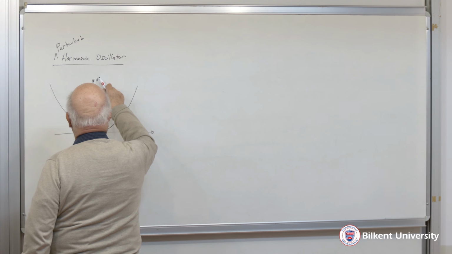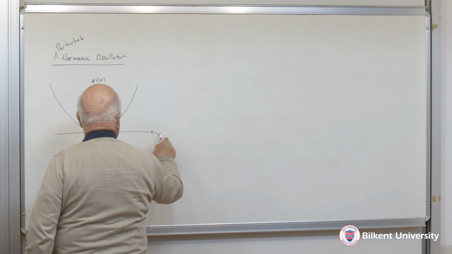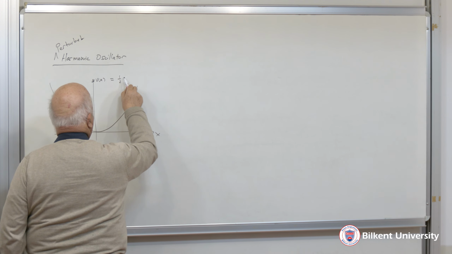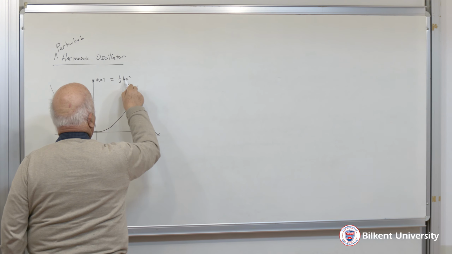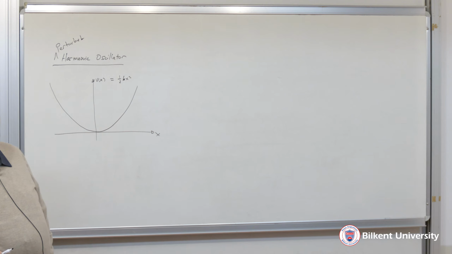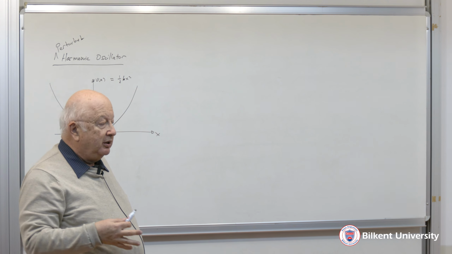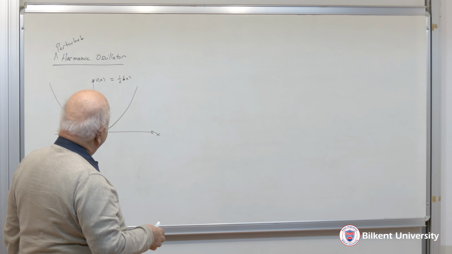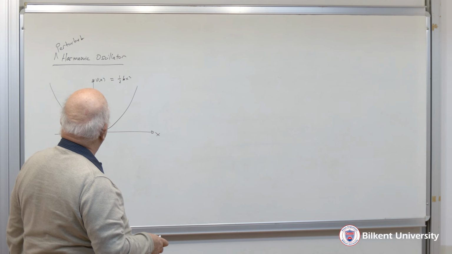This is our V of x as a function of x, and this V of x is 1 over 2 k x squared. I'll now put in various types of perturbations to it and look at what happens in first order and second order perturbation theory.